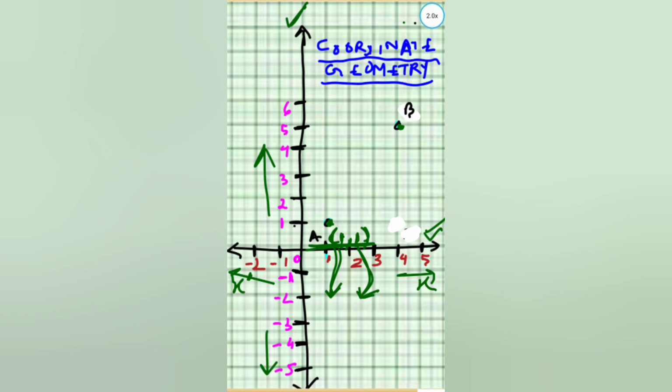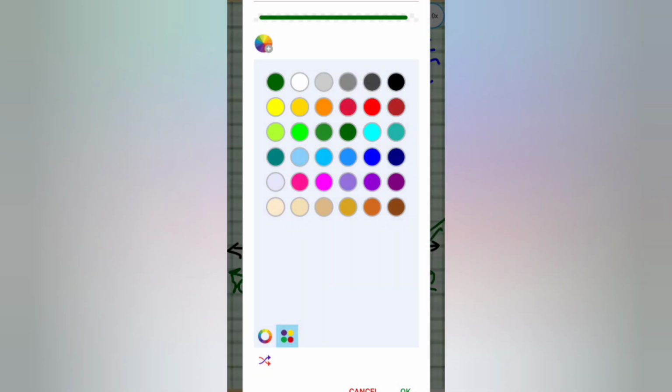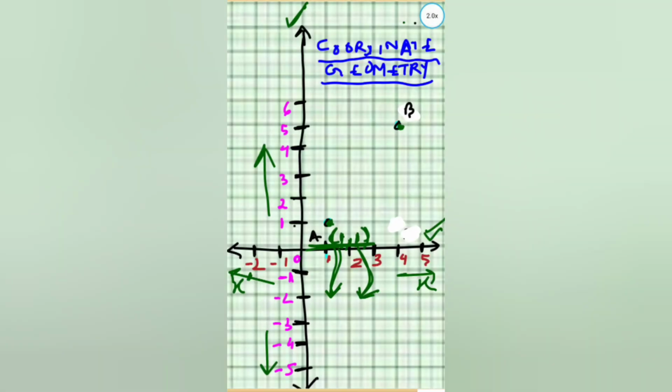Now what does it tell? Let me change the color, that will make it easy for you to understand. Here you will see the first number tells you where it stands in the x-axis, 1. And the next number tells you it is here. So these two numbers actually locate the point.